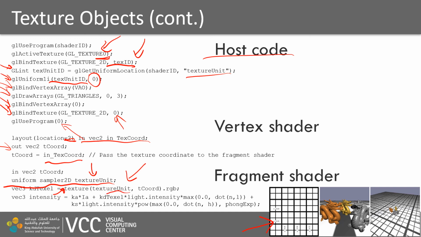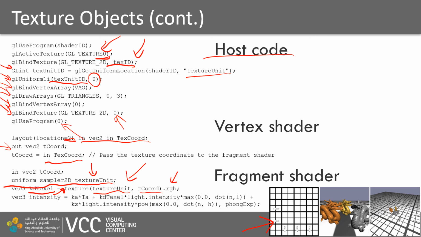So here is the 0, and we will have our texture coordinates, and at our sampling position of the texture we will obtain an RGB value from the texture. We will store this information in the Kd texel. So this is the diffuse term; we will not be using the color of the vertices, but actually the texture.